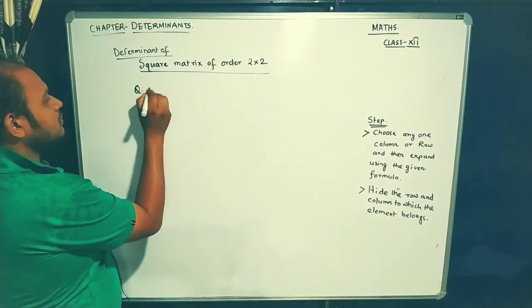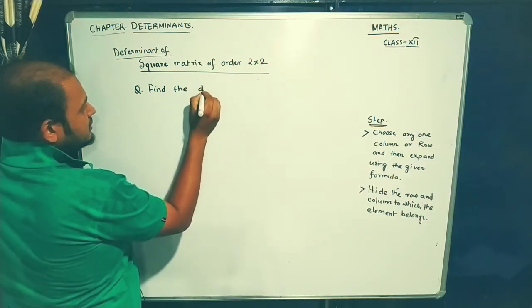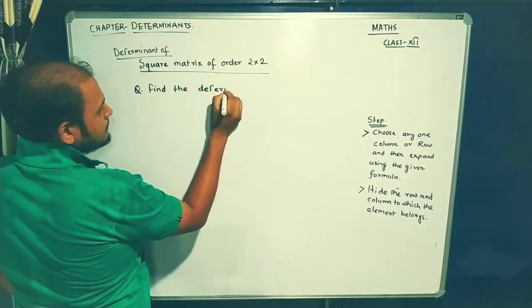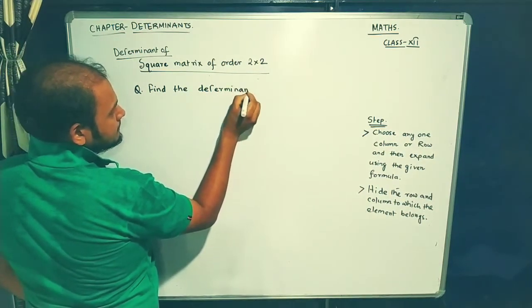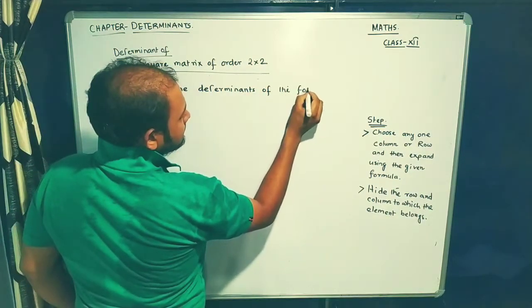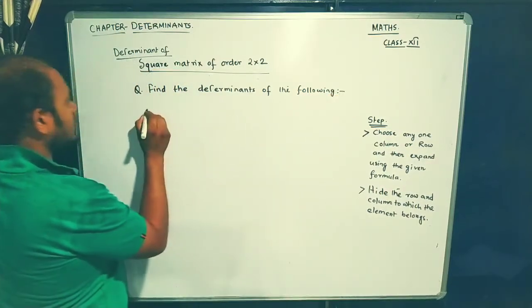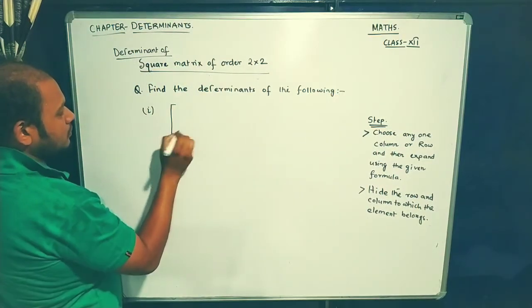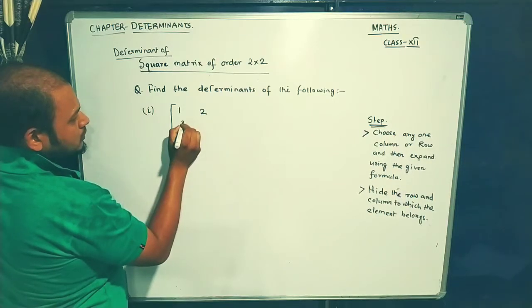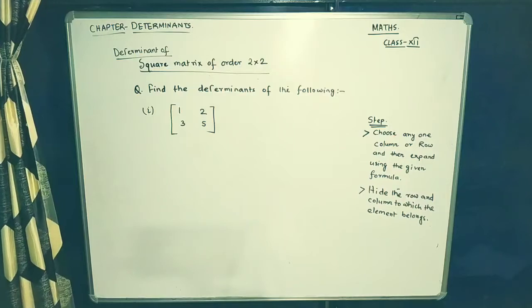Write a question. Find the determinants of the following. Number 1: the matrix 1, 2, 3, 5. Find the determinant of this matrix.